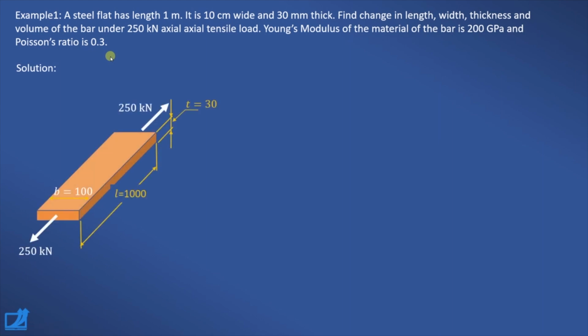Now let's try to solve the problem. First of all, visualize the bar. This is that bar of length 1000 millimeter, width 100 millimeter and thickness 30 millimeters. All dimensions here are in millimeter. Now in this case, strain in length is longitudinal strain. So longitudinal strain is P upon AE.